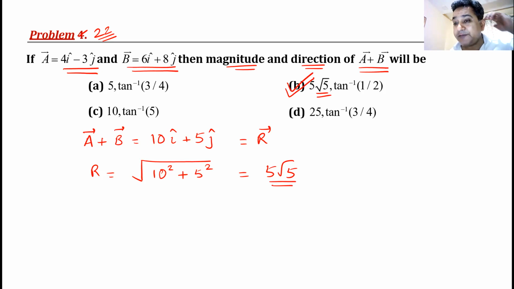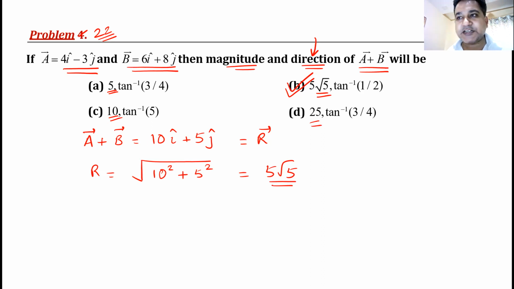Now, many a time, students ask me, sir, please tell us some shortcuts of solving or getting an answer. So this is one of the shortcuts. You don't have to find the direction here because in the options, all the magnitudes are different. Are you getting what I'm saying?